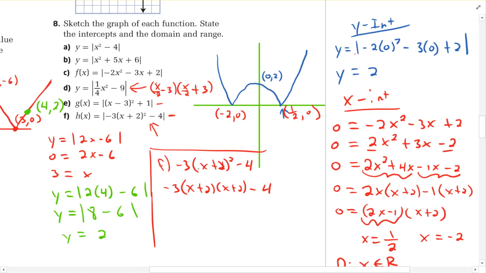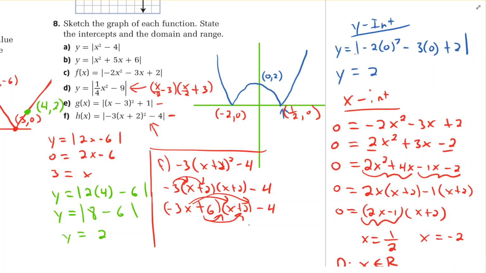And then we need to maybe put that -3 into there first. So we go -3x plus 6, and then multiply that by x plus 2. And then we need to FOIL this. So that times that, that times that. And then collect your like terms. And then you're in standard form, and then you can factor it. So that's kind of the tricky part about that one. So just make sure that you do that. Other than that, it'll be the same thing as what we were doing before, though.